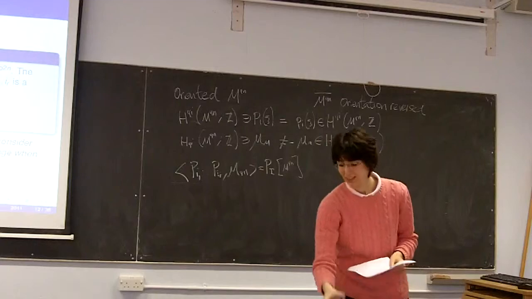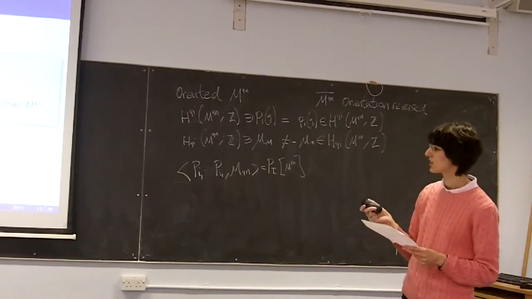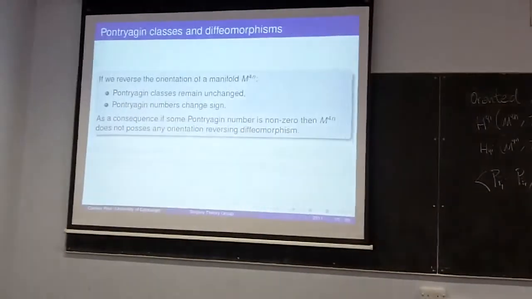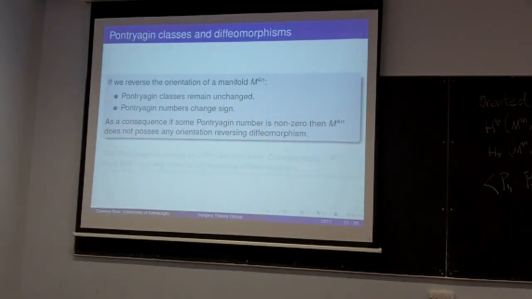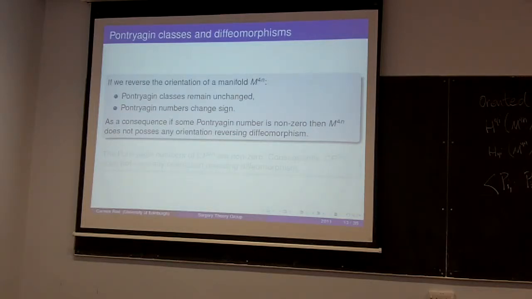And that is very relevant, because if we reverse the orientation of the manifold, Pontryagin classes remain unchanged, Pontryagin numbers change sign, because we change the sign of the fundamental class, and as a consequence, if some Pontryagin number is non-zero, then that manifold does not possess any orientation reversing diffeomorphism.